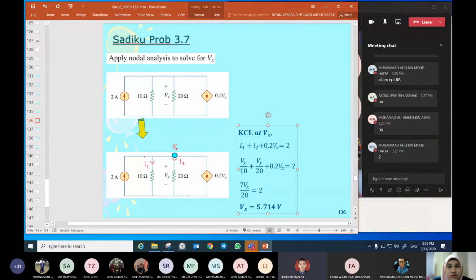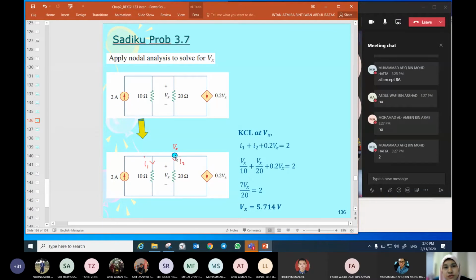One node, because all branches share the same node at the top. So let's name this node Vx, because we find that Vx is the voltage drop across 20, and it is the same as the voltage at this node.